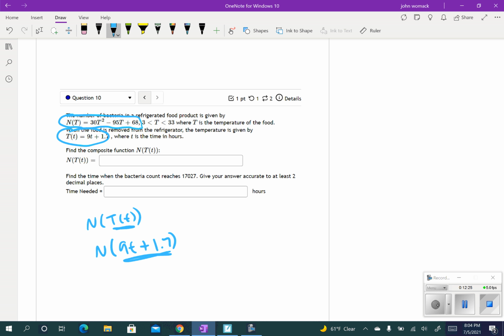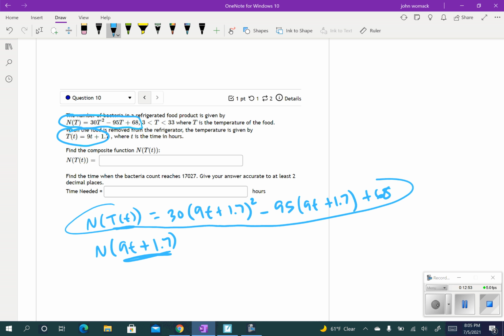So it's going to be 30 times 9T plus 1.7 squared minus 95 times, there's another T, so we're going to replace it with 9T plus 1.7, and then plus 68. Okay, so that should be my composition of functions right there. That's what it comes out to.